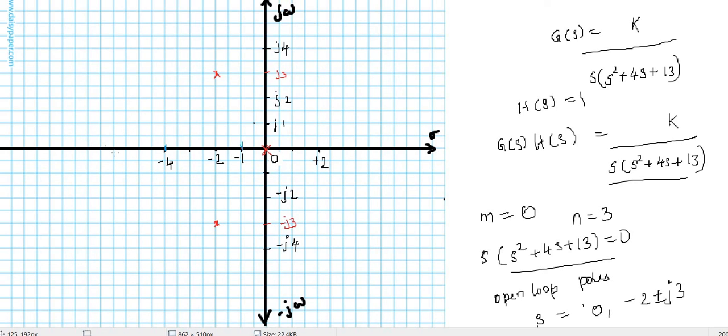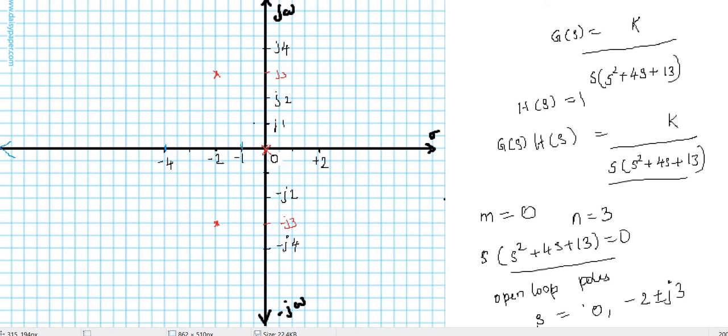If you take any point on this negative real axis, to the right of that point there is only one real pole. The total number of real poles and zeros is equal to 1, and hence starting from 0 to the negative real axis, going to infinity, is included in the root locus.